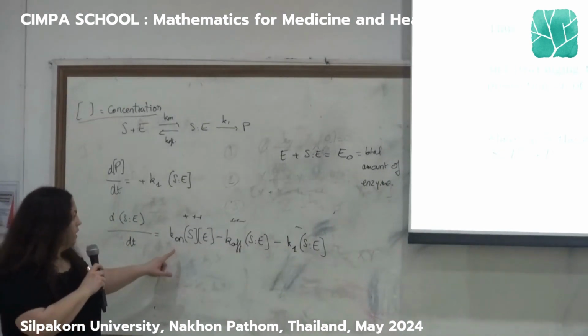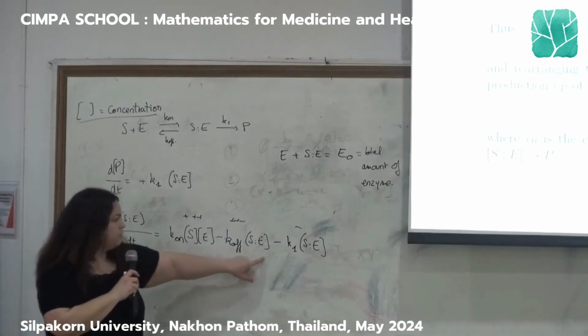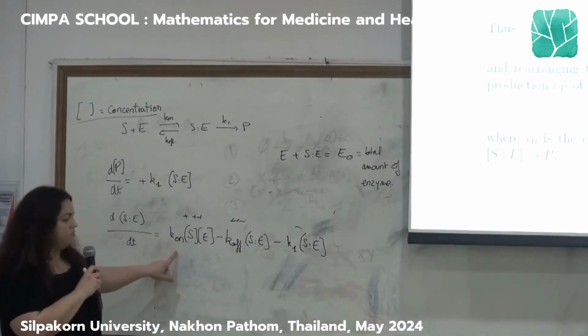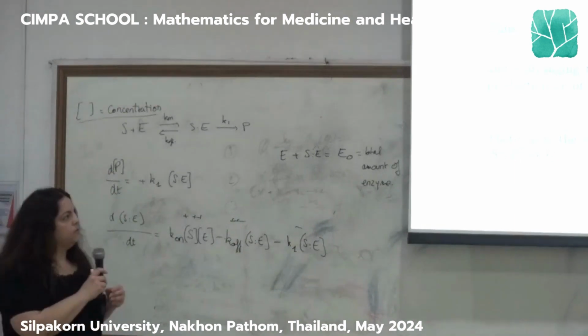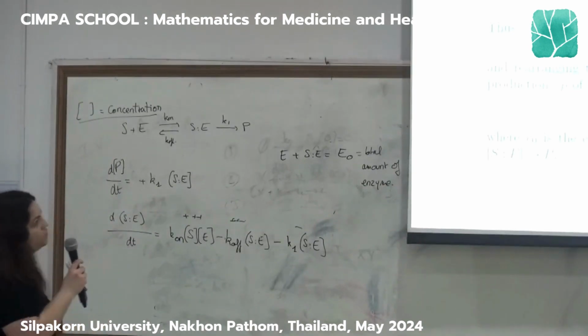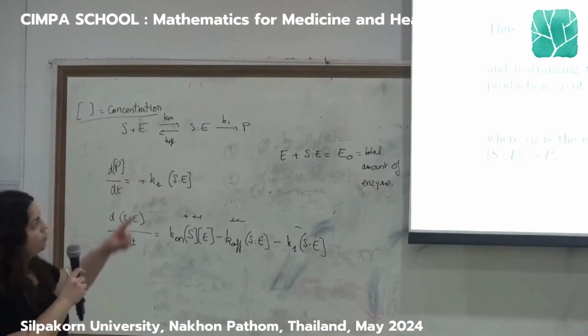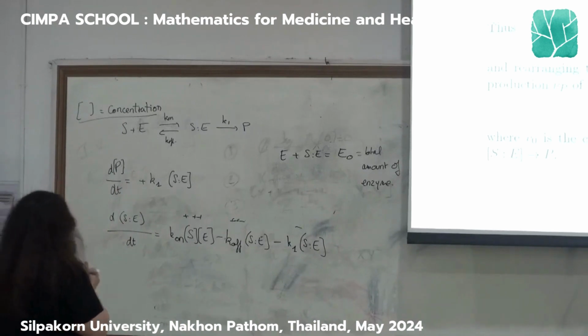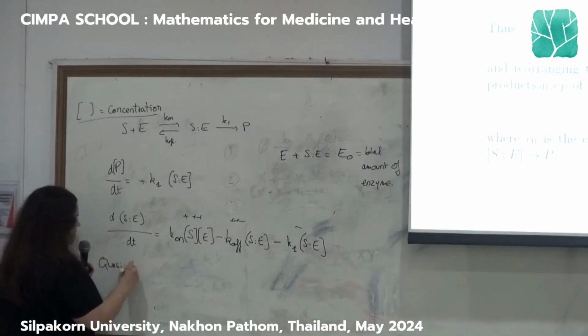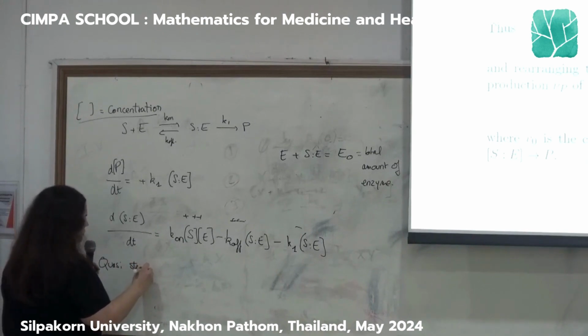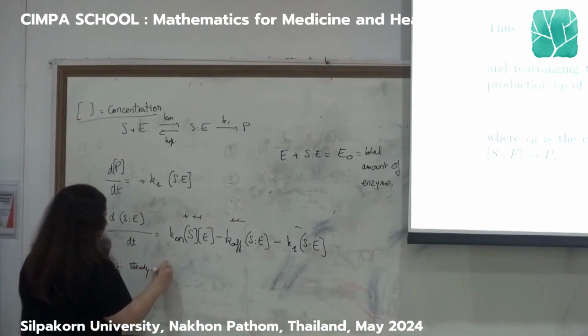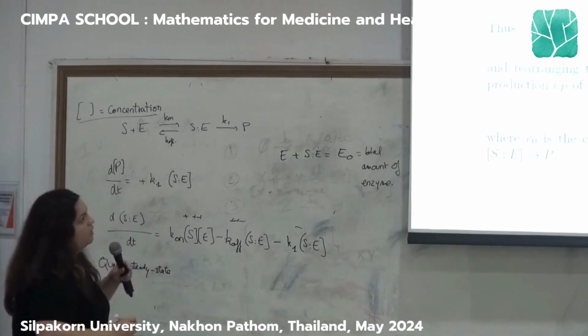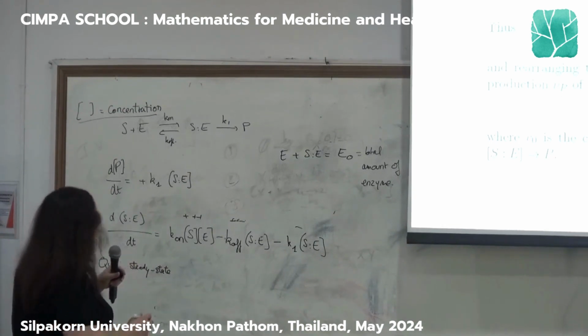In other words, we are going to say that this is equal to 0. This is called the quasi-steady state assumption. It's also called the rapid equilibrium assumption.